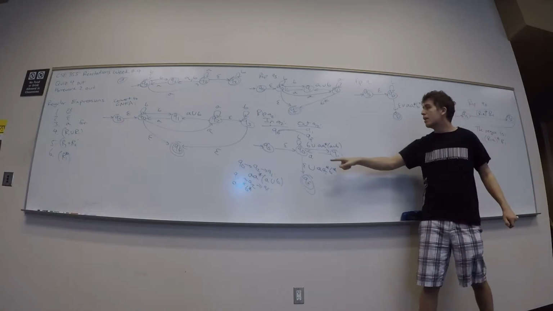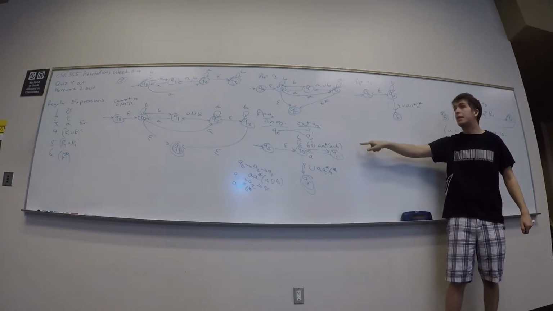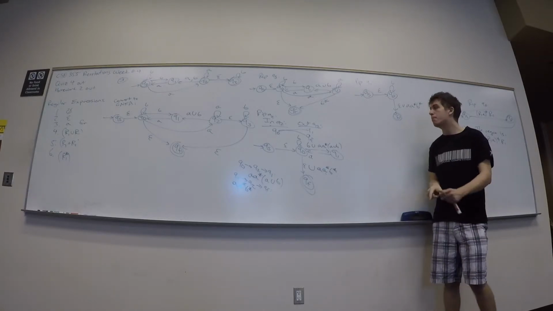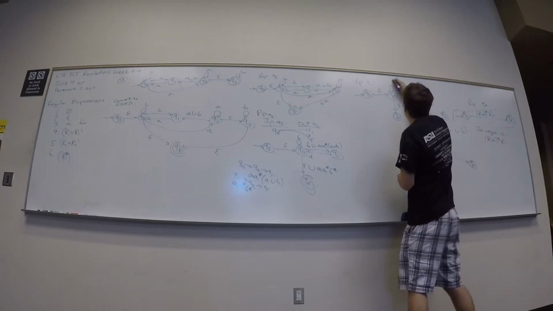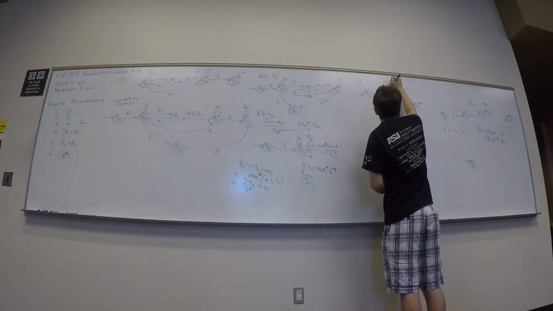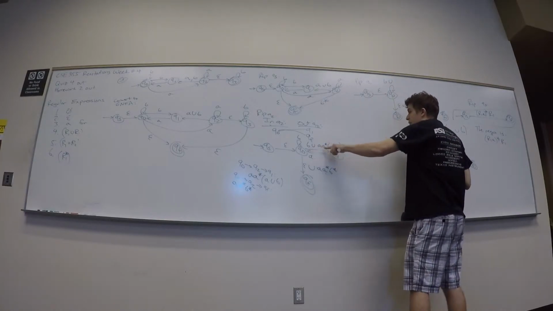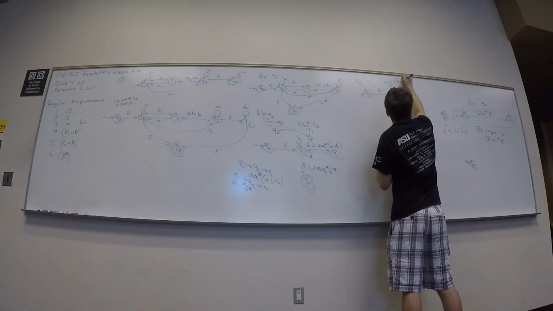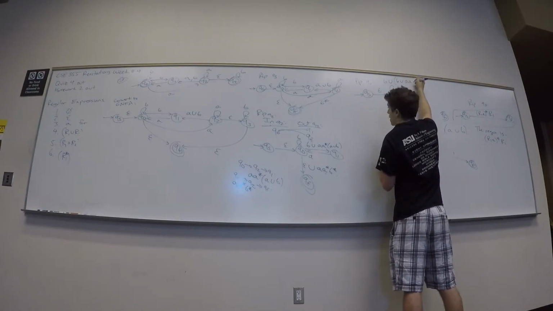Okay, well it seems like I gotta do this transition concatenated with the transition back because there's no loop on 1. Good. So the transition is going to be B union this guy. So it's going to be B union A.